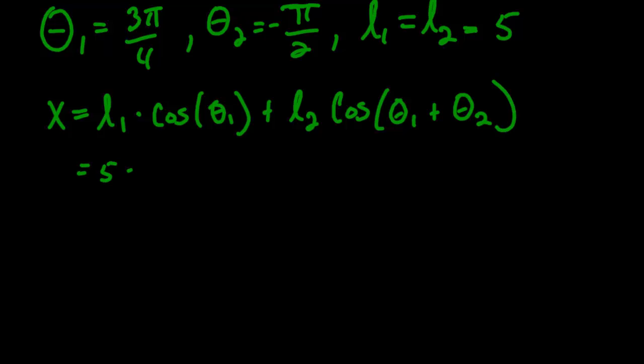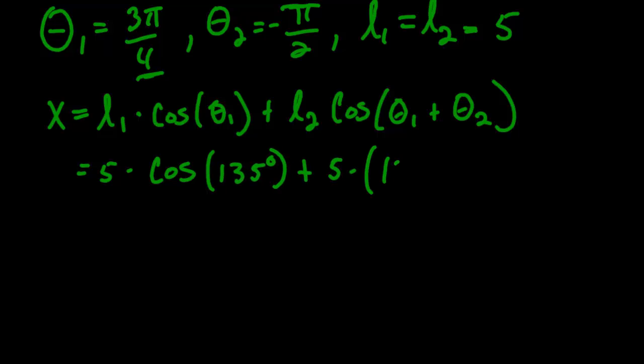This is equal to 5 times the cosine of, we know that 3 pi over 4 is equal to what? 135 degrees, right? Plus 5 times 135 plus 90 degrees.